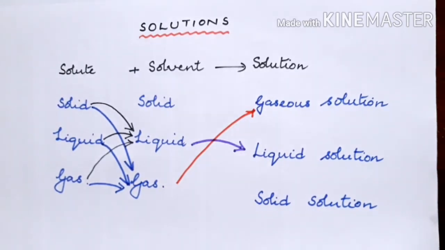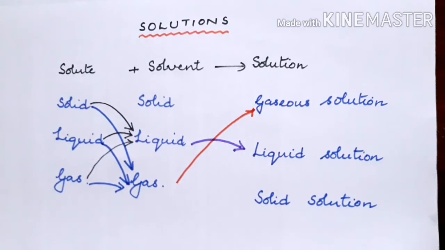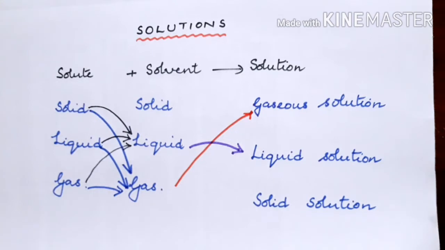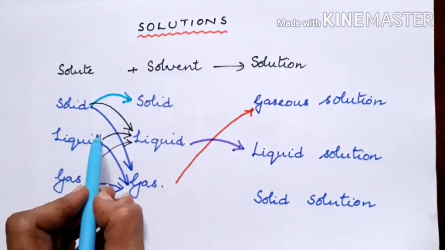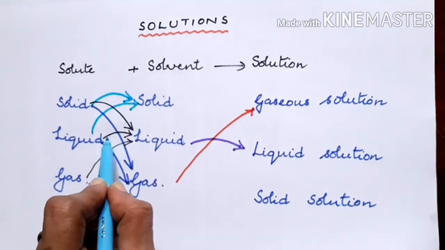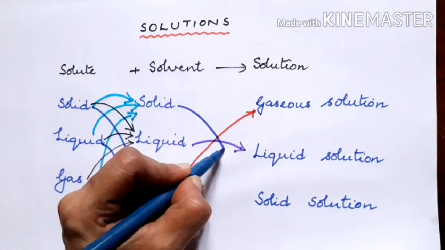Coming to the third type, the solid solutions. A solid can be dissolved in a solid, a liquid can be dissolved in a solid, or a gas can be dissolved in a solid. That results in the next type of solution, which is known as solid solutions.